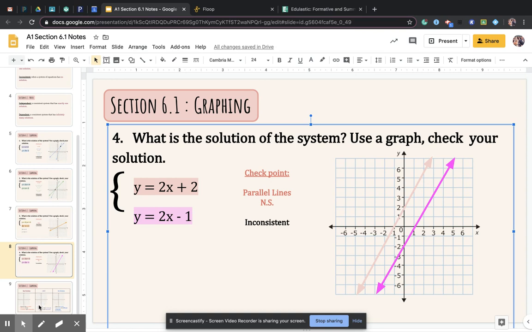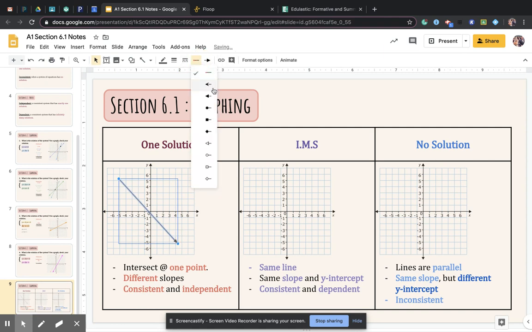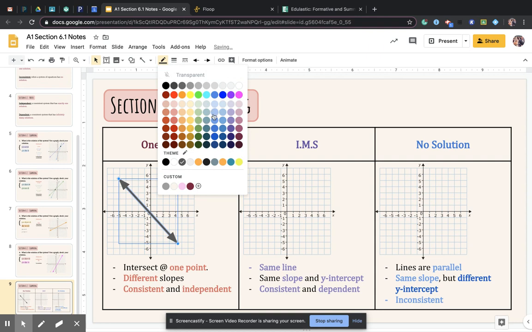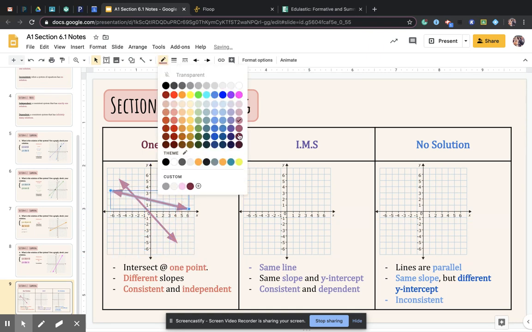So let's recap everything. One solution is when we have two lines. So there's my first line. Got to add my arrows. So that is when we have two lines. I'm going to copy and paste, draw a different one, maybe make it a different color.